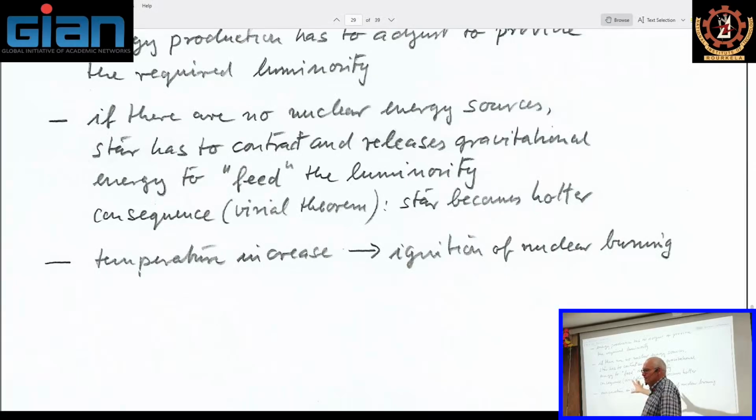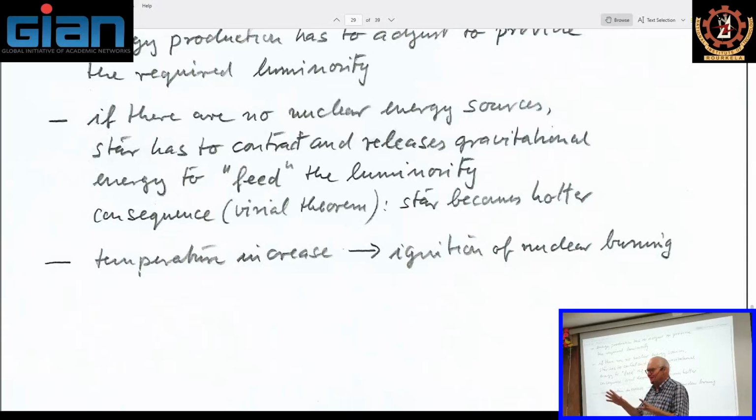If this picture is correct until the end of the stellar evolution, then if it has arrived at the iron, which is the nucleus with the highest binding energy per nucleon, then no exothermic fusion is possible. Then it would have to live from its gravitational energy, and we would become hotter and hotter and hotter.